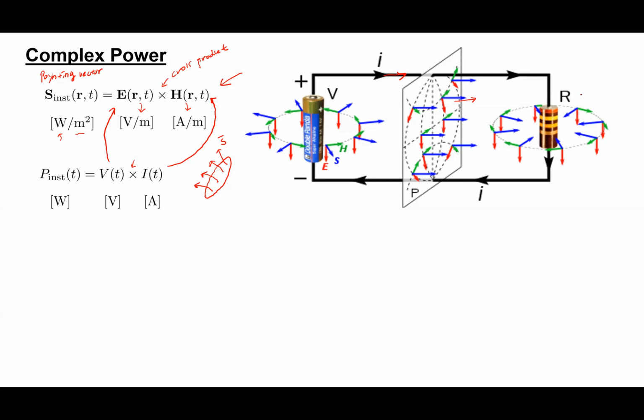and then finally at the load, the electric field is this way, and due to the fact that current is flowing from the top to bottom, the magnetic field should be clockwise, and then we can see that the resulting power is directing toward the load, so that the power is absorbed by the load.